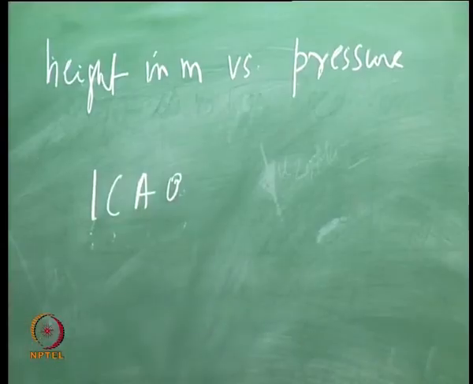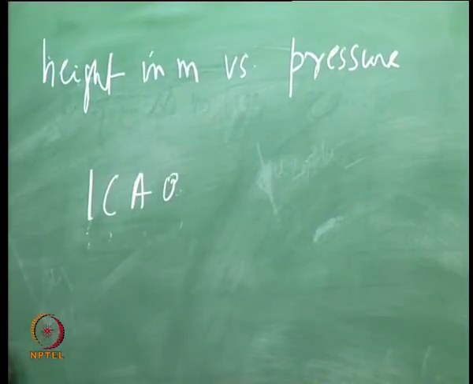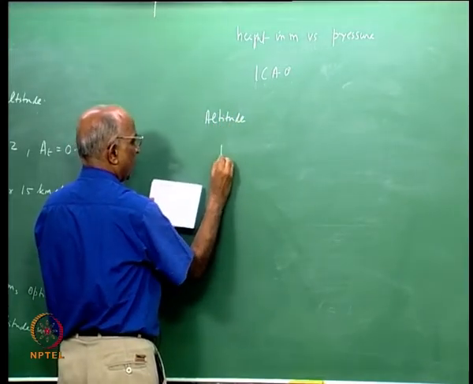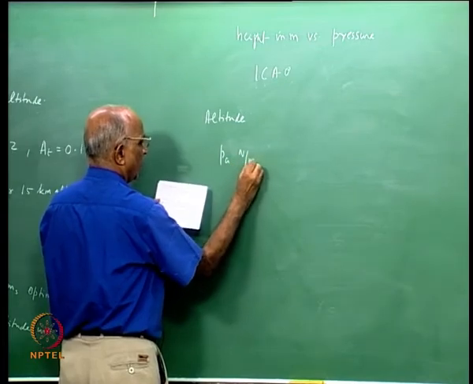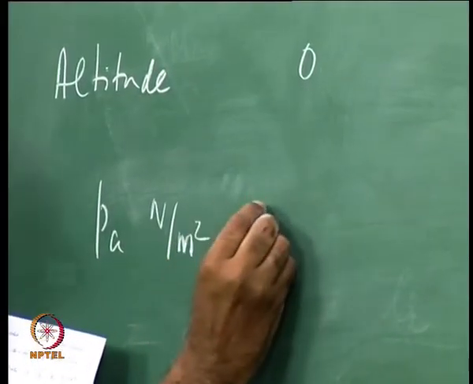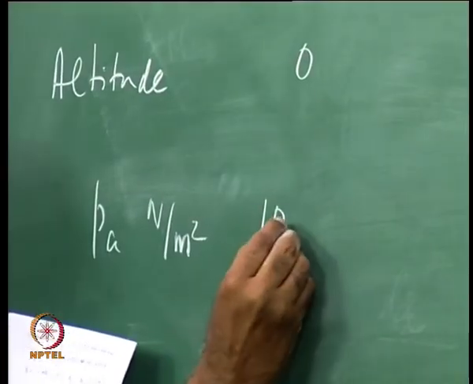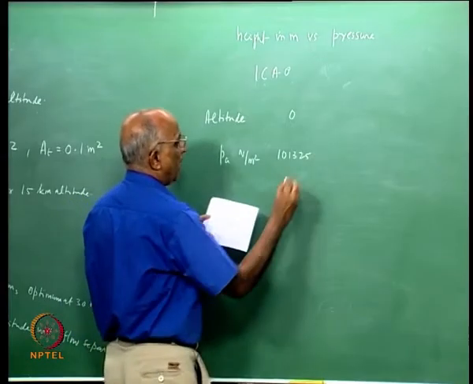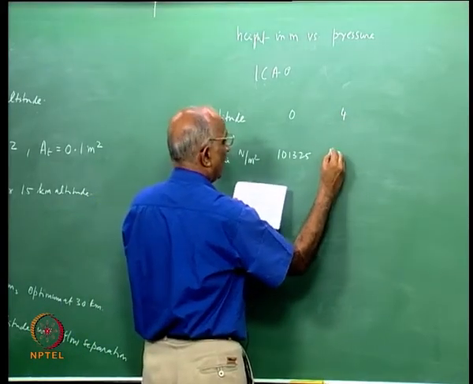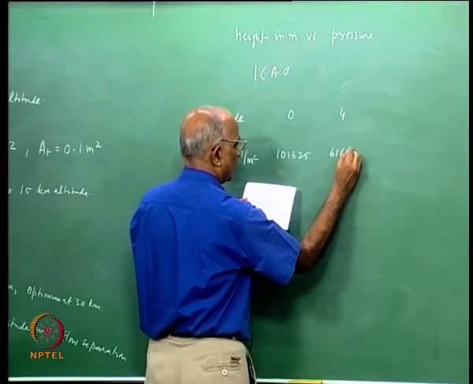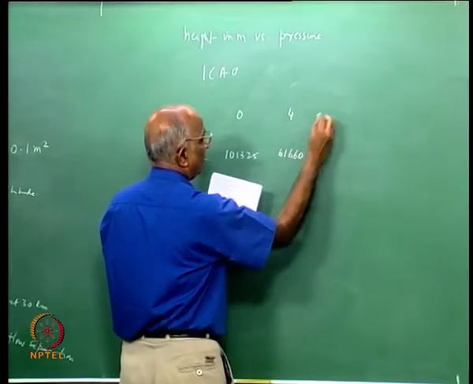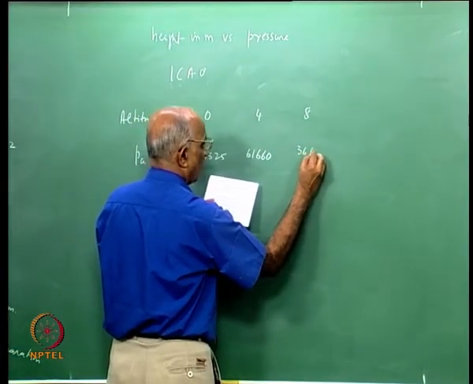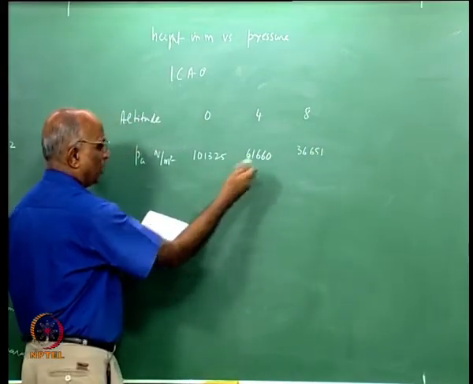They give some standards, and they will tell you the altitude versus the ambient pressure in Newton per meter square. At sea level the pressure is 101325 Newton per meter square. If the altitude is 4 kilometers, the value is 61660. If the altitude is 8 kilometers, the value is 36651. You see the value keeps decreasing.